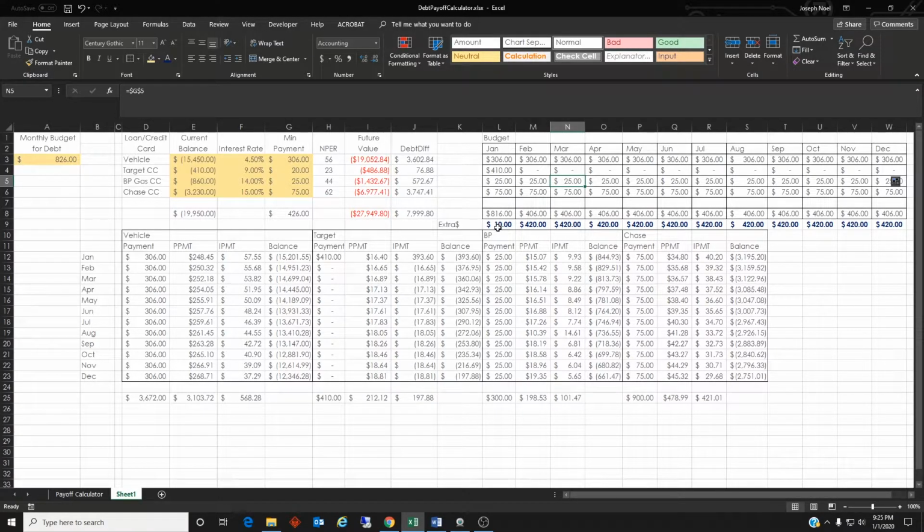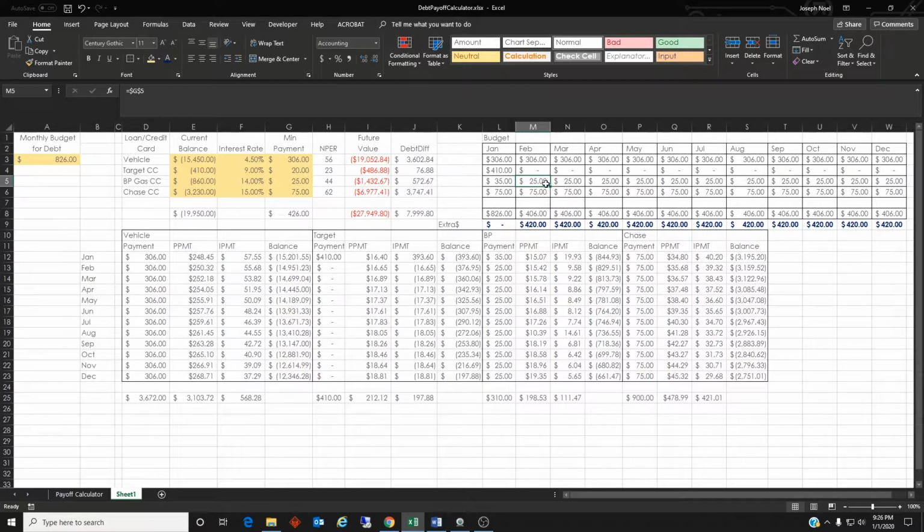We have an additional $10 that we can go ahead and send in with our second current balance here, our $860 for our BP credit card, so we can actually make a $35 payment that month. That's going to take our extra money spent to zero because we've utilized our additional funds for January. And as we go to February, our budget plan is going to be to spend an extra $420 on that BP gas card.